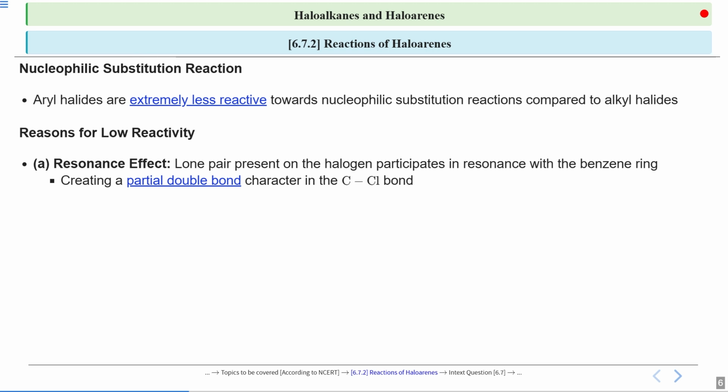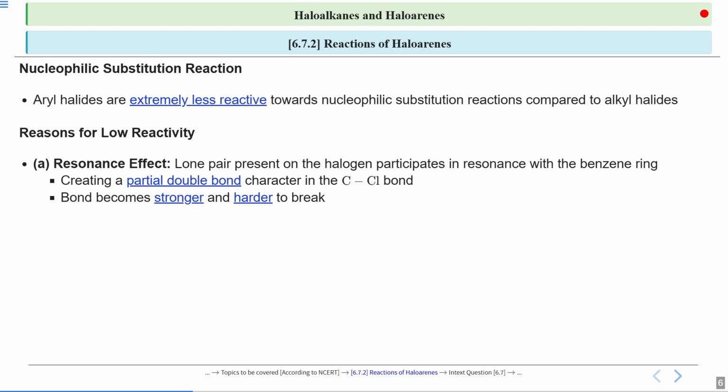As you know, a double bond is stronger than a single bond, so the bond becomes stronger and harder to break.